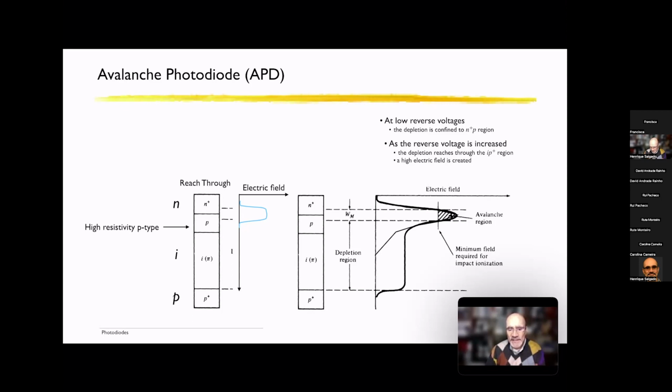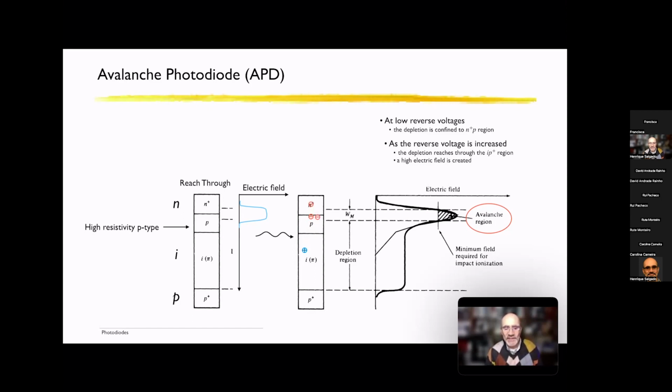But the main interesting point that I want to make here is that there's a high electric field region called the avalanche region, where, when an incident photon reaches the material, an electron and hole pair are generated through absorption of the energy of the incident photon, as shown here.